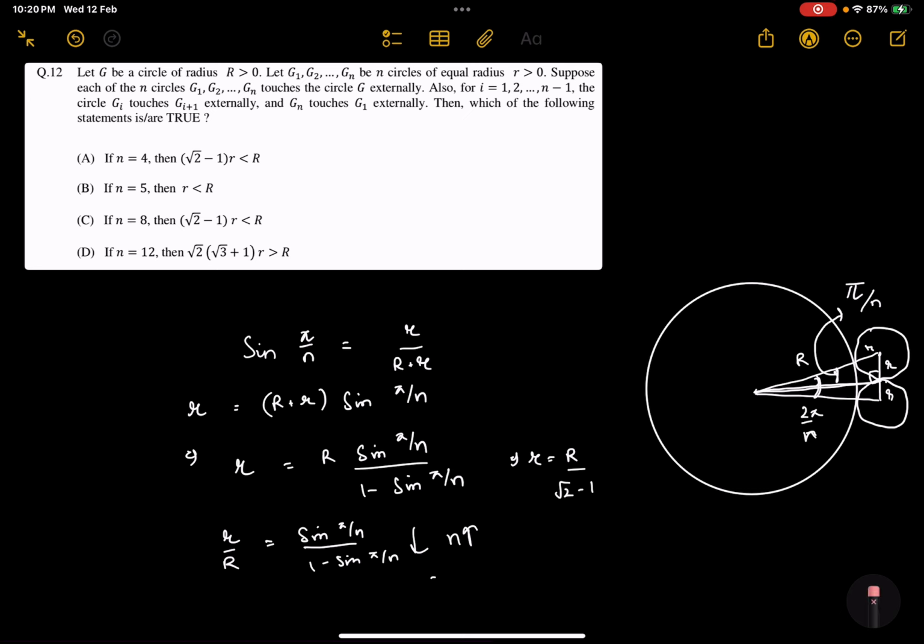So what we had is, if n increases, r upon R decreases. So r upon R at n equals 4 was root 2 plus 1.